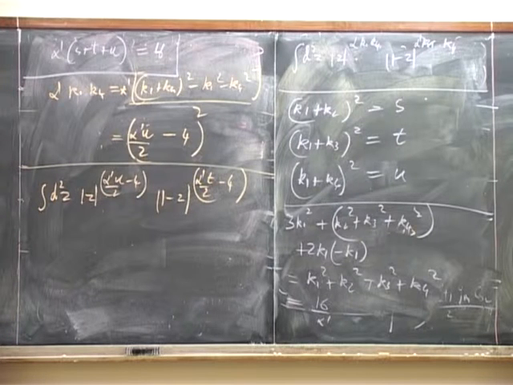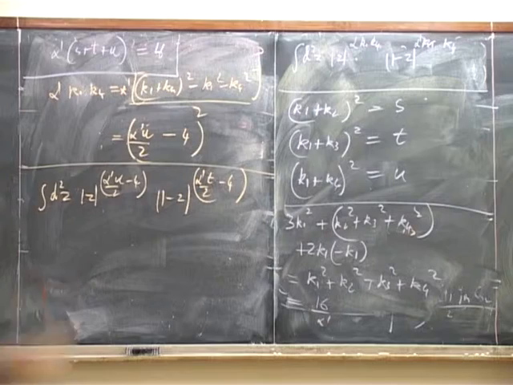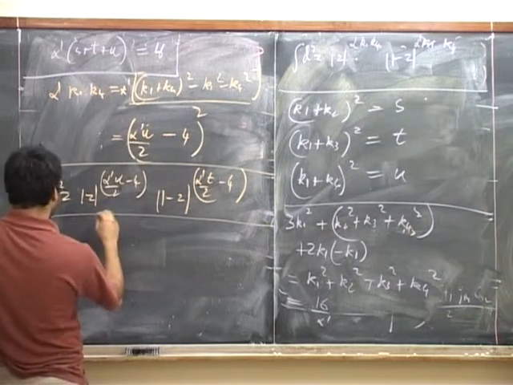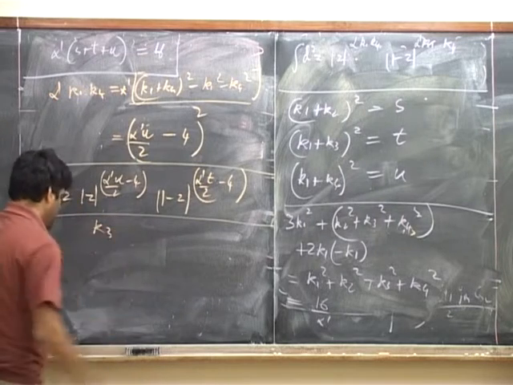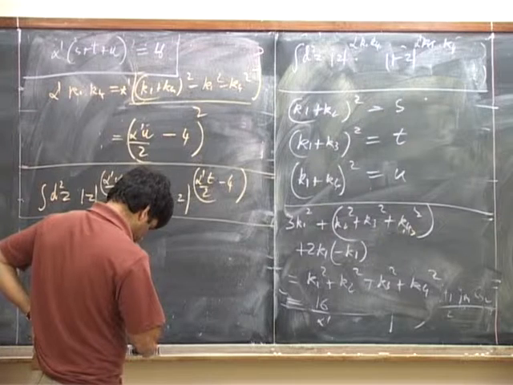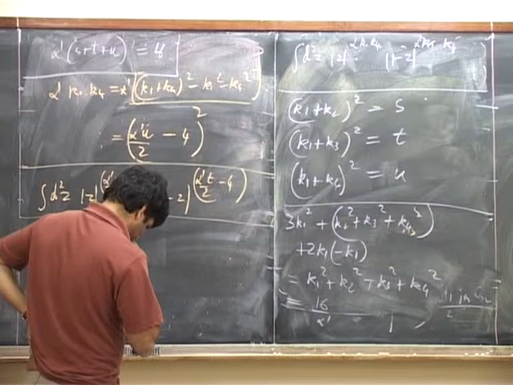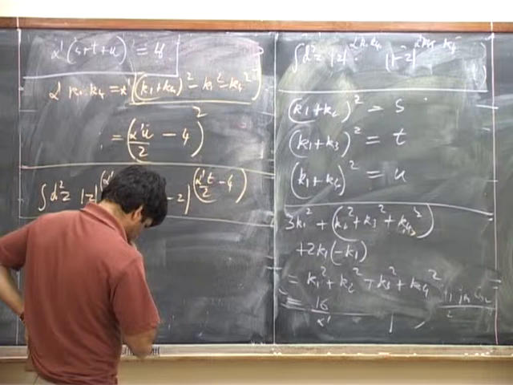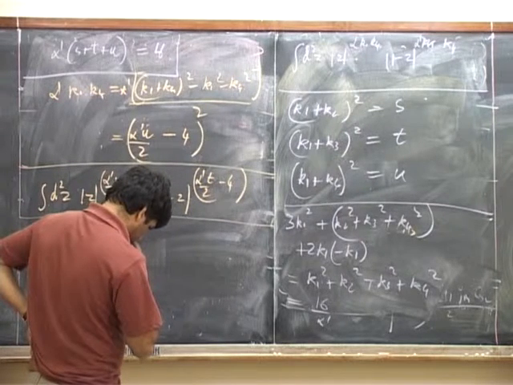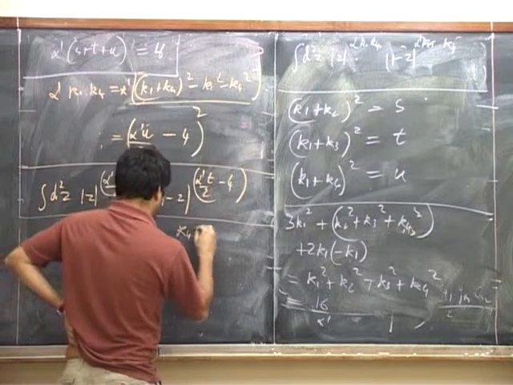So, sorry. The guy that was fixed to infinity was K3, and so we will get... This S is also equal to K3 plus K4 squared, right?